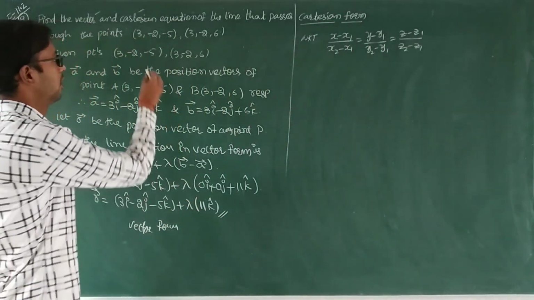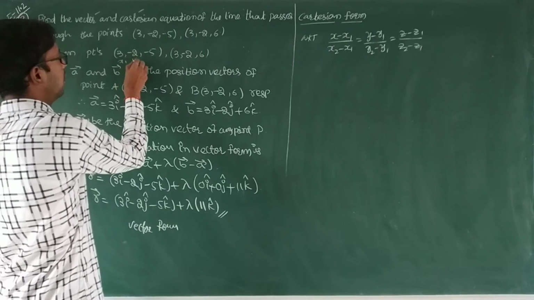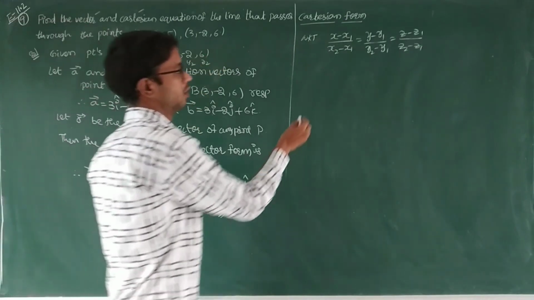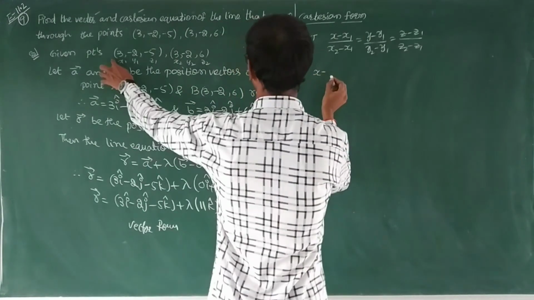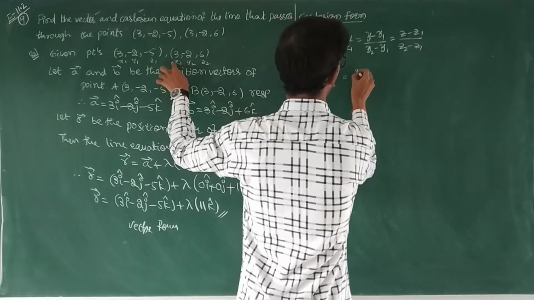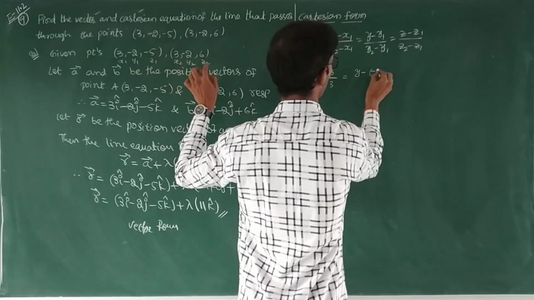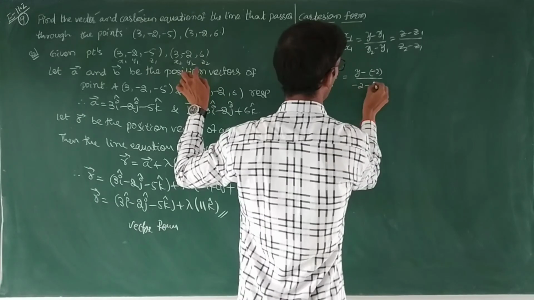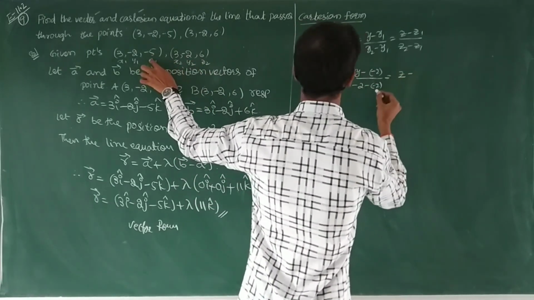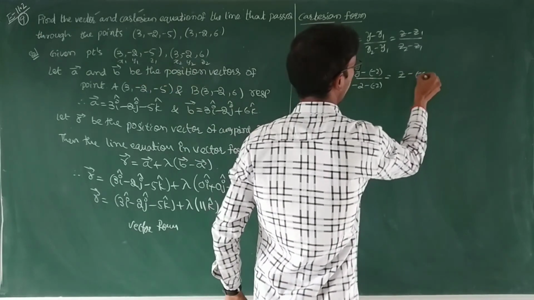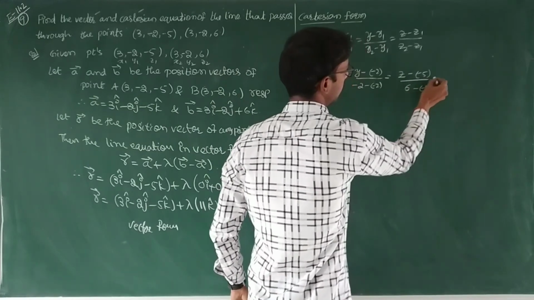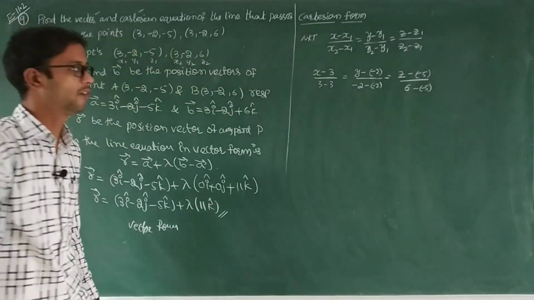So here the x1, y1, z1 and x2, y2, z2 are substituted. Now simplify this one.